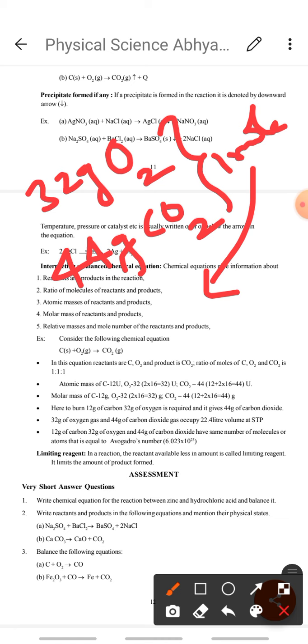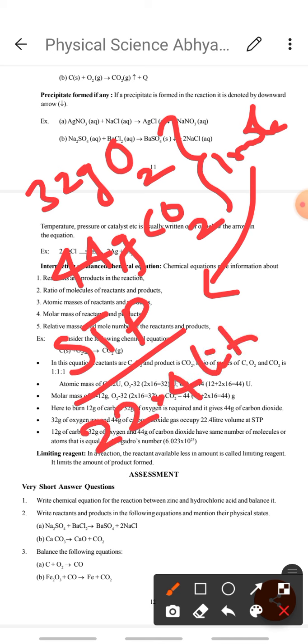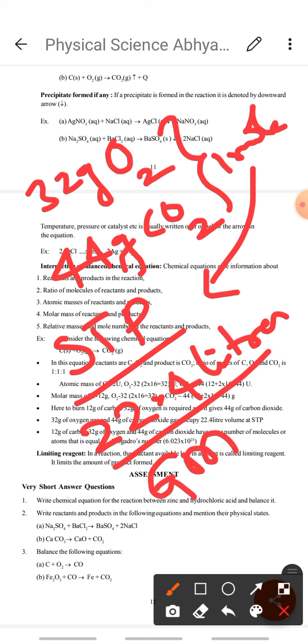So these gases at STP conditions occupy 22.4 liters only. This is called gram molar volume. Simply it is denoted by GMV, gram molar volume.